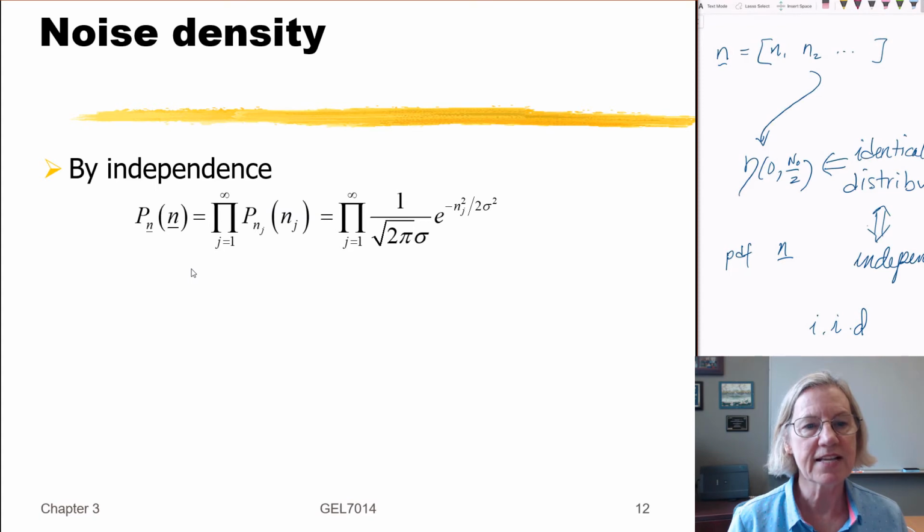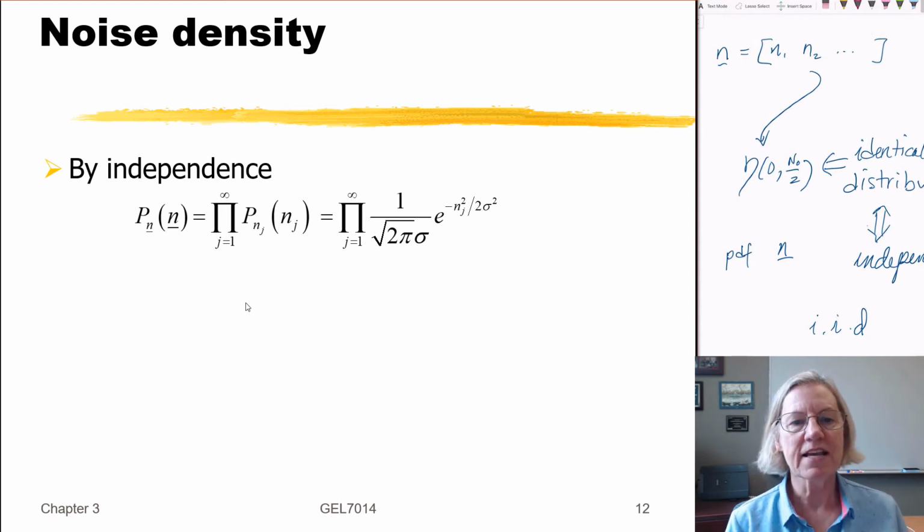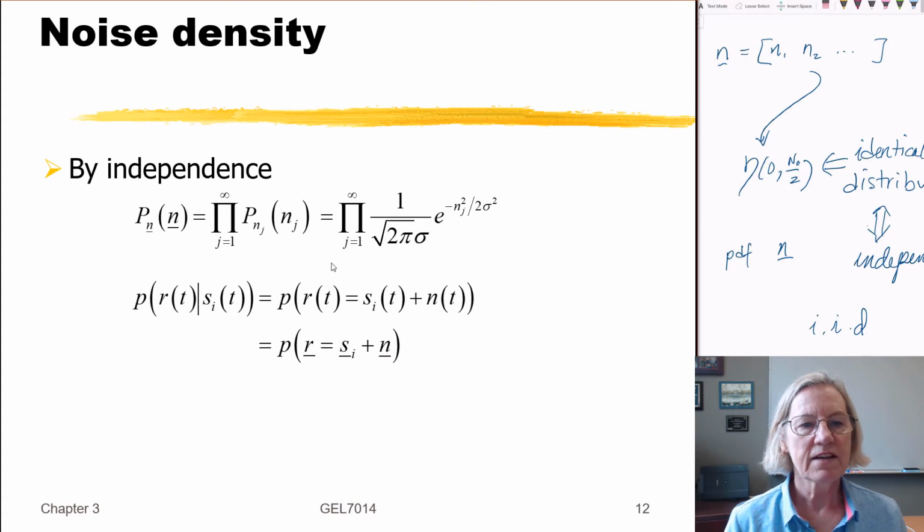It's a Gaussian density, so we can replace this with the Gaussian density written as 1/(sqrt(2 pi) sigma) times the exponential of minus n_j squared over 2 sigma squared. So I have a product of exponentials.